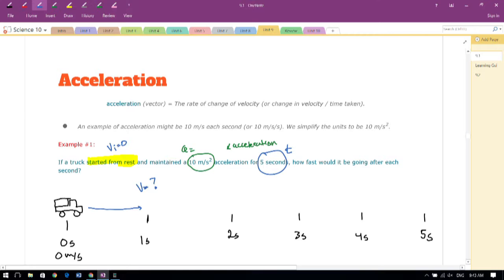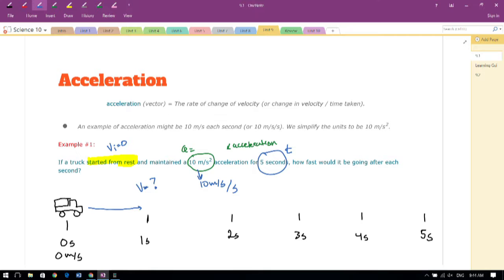All right, so it says that the truck is accelerating at 10 meters per second squared. Or we can think of this as 10 meters per second, each second. So after 1 second, how fast would we be going? Josh, I only re-asked the question because 2 is not going to be right.